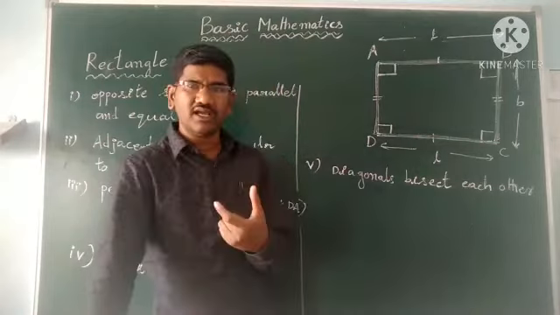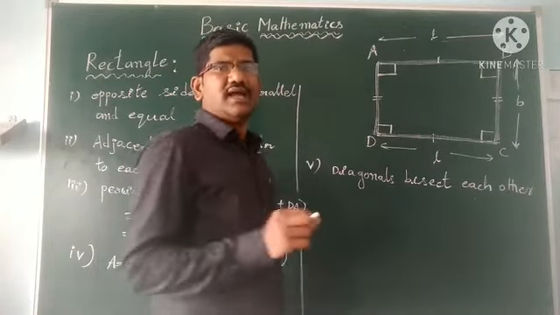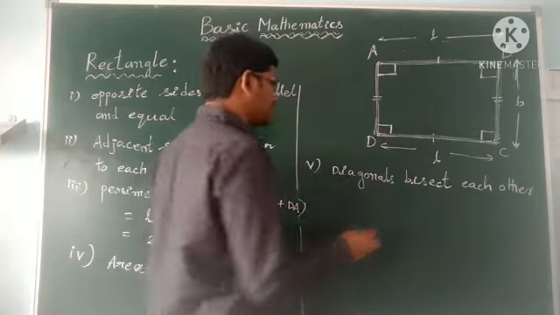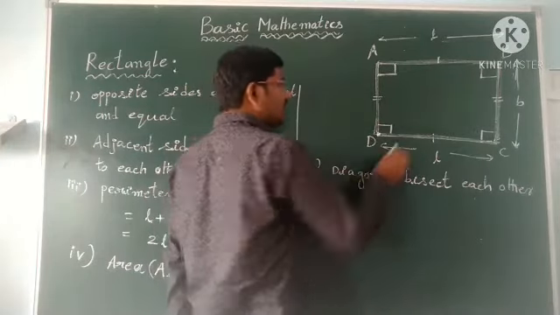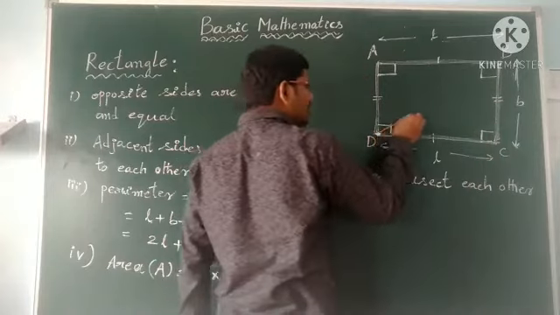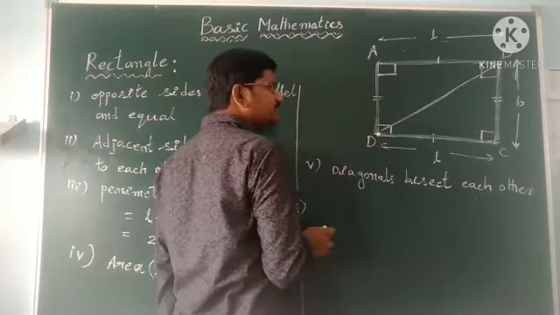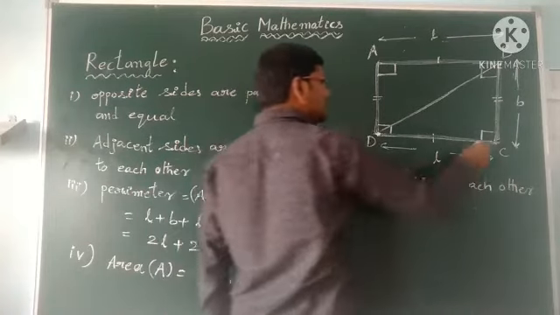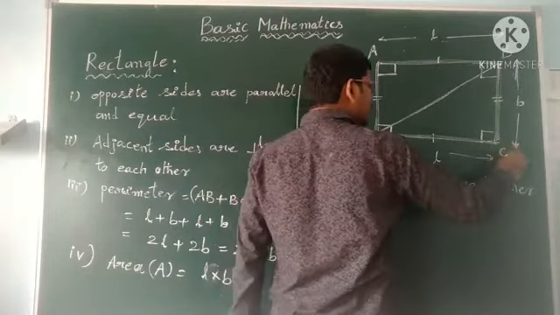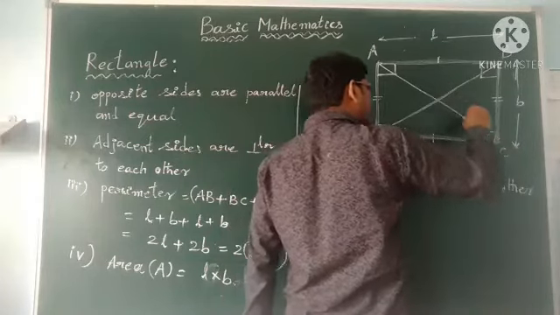We know very clearly what a diagonal is. A diagonal is the line linking opposite corners. This is one corner and this is another corner, the opposite vertices. You join these two opposite vertices and you get one diagonal. If we join these two opposite vertices, we get another diagonal.